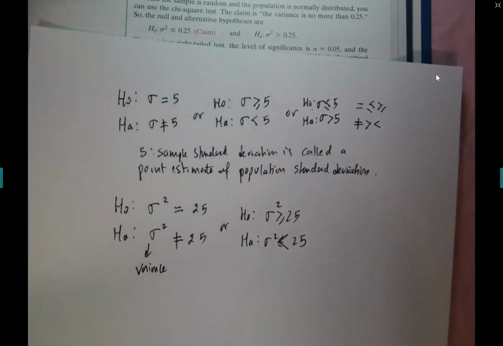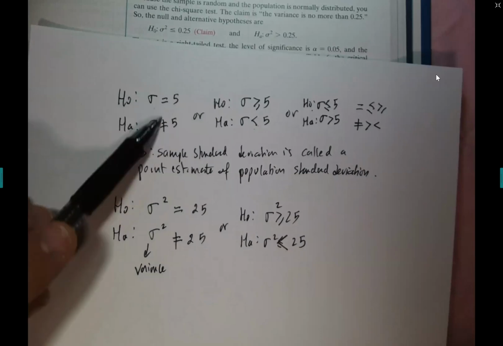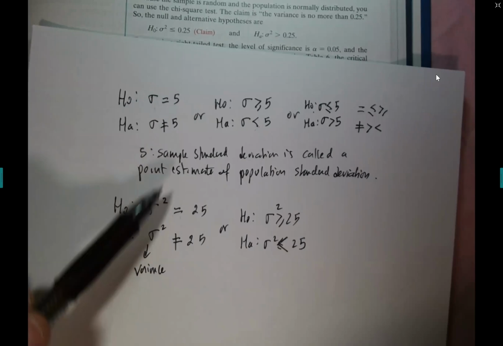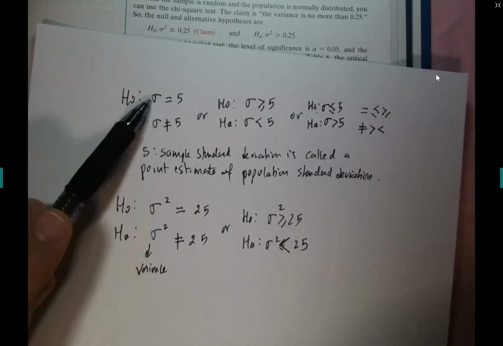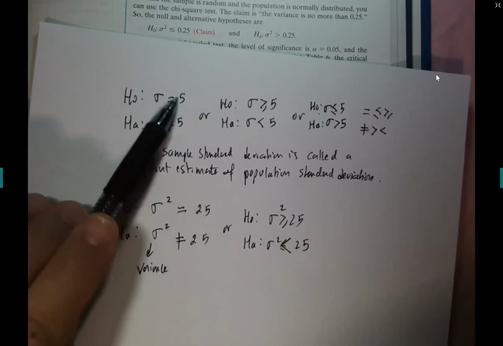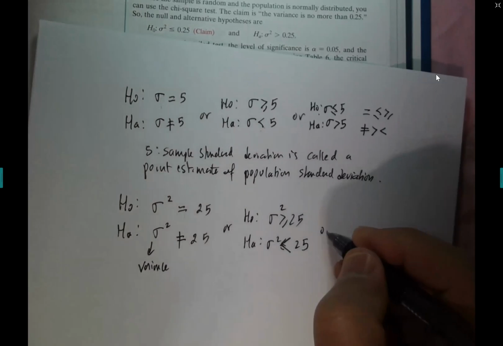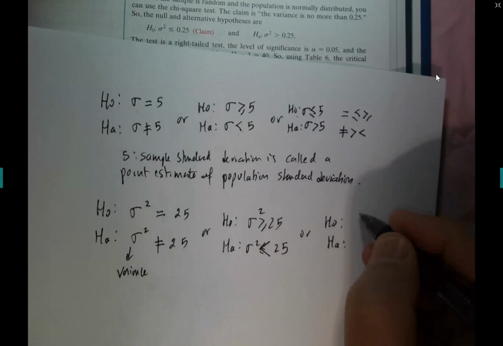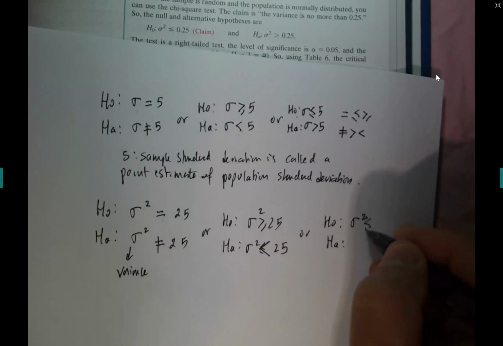So what I'm saying, guys, this statement is exactly the same as this statement, because what I did here, I squared both sides. Square, square, 25. 5 square is 25 right here. Or sigma square is less than or equal to 25.